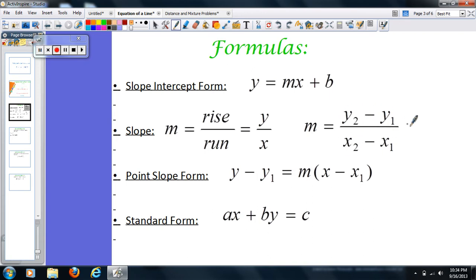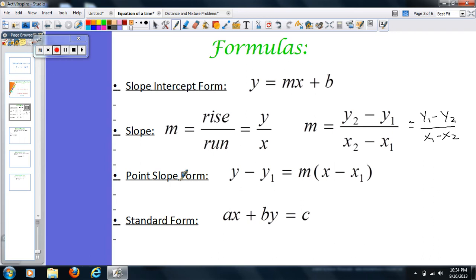Now, I could also, if I wanted, do this as y1 minus y2 over x1 minus x2. But what you should notice is that here y2 is first, which means x2 is first on the bottom. Here y1 is first on top, which means x1 is first on the bottom. And that'll give you the same answer either way.